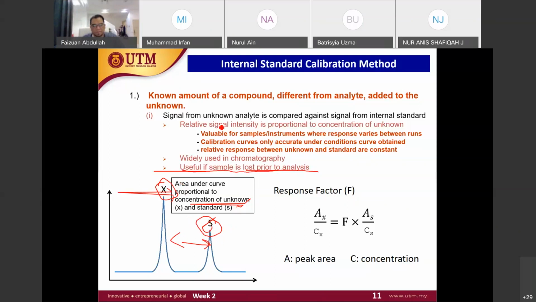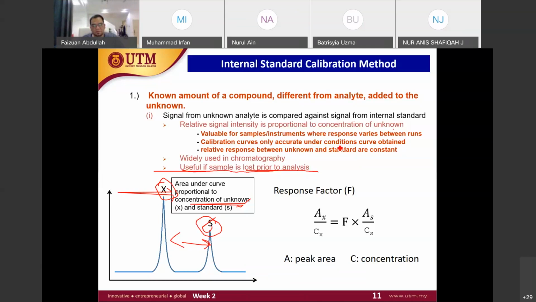The relative signal intensity is proportional to the concentration of unknown, for samples and instruments where response varies between runs.